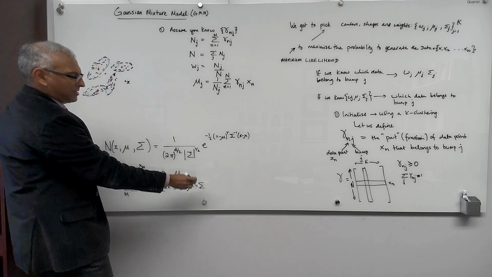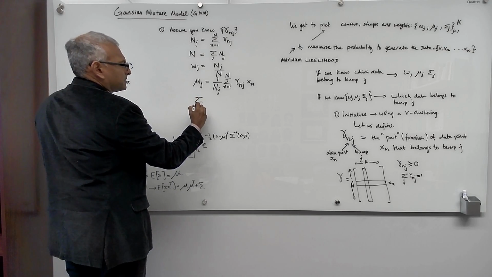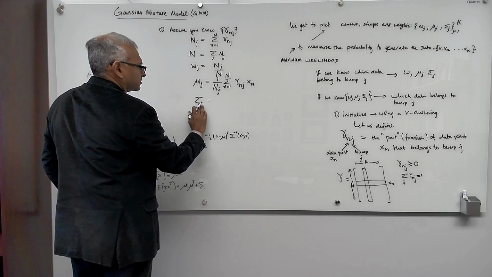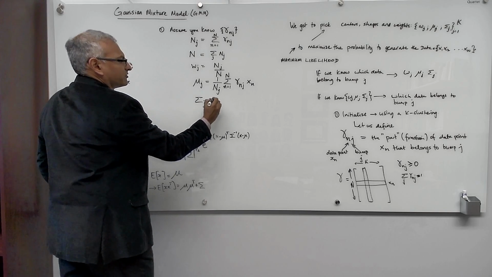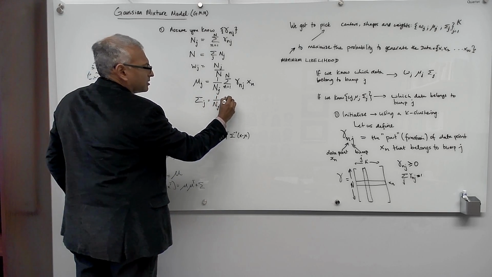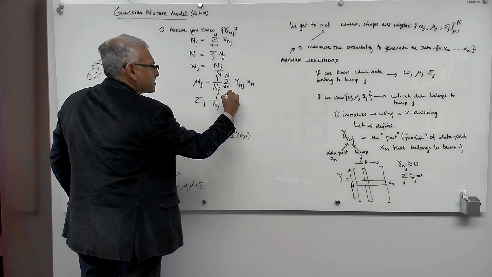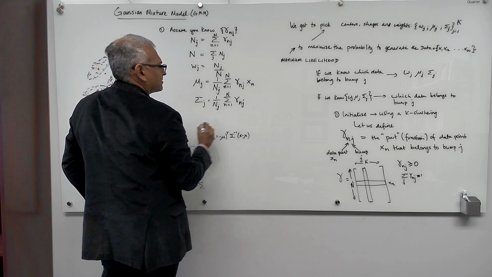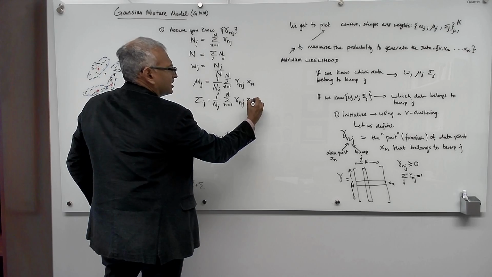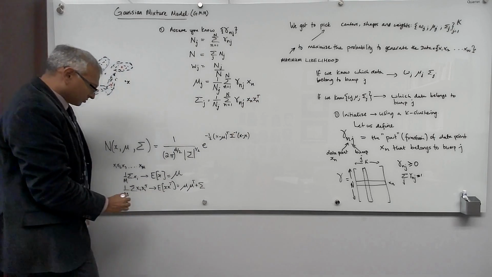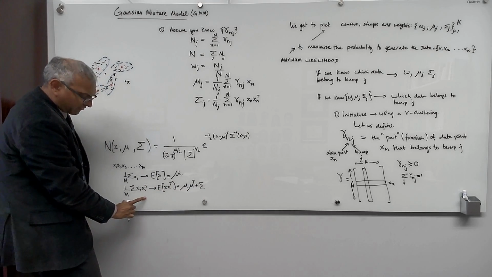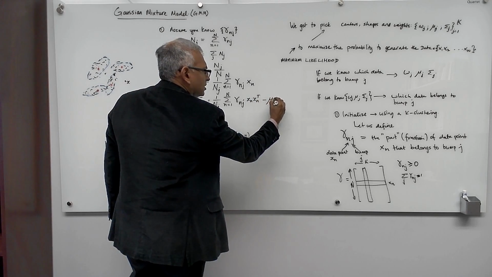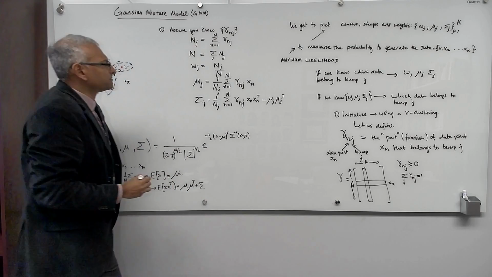And I can get the shape parameter, sigma j, which is the average of the outer products. So sigma sub j is 1 over n sub j, the sum over all data points of the fraction of the data point that belongs to the bump, times the outer product xn xn transpose. Then sigma sub j is the average outer product minus the mean outer product, so minus mu j mu j transpose.